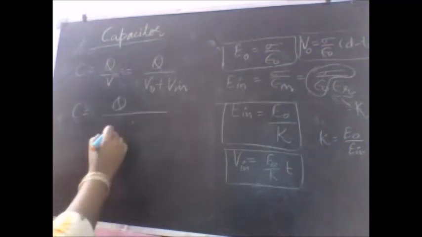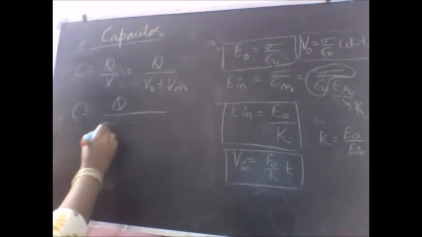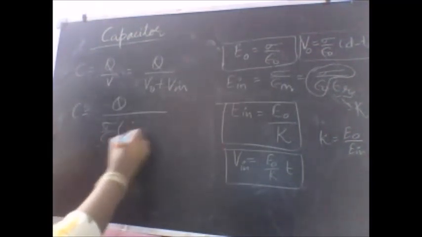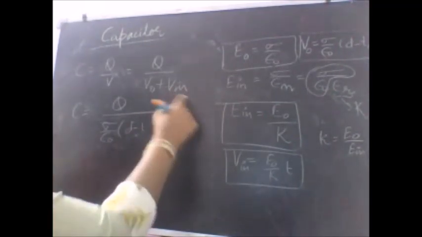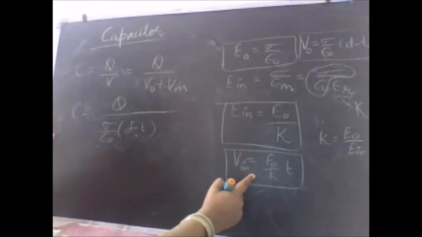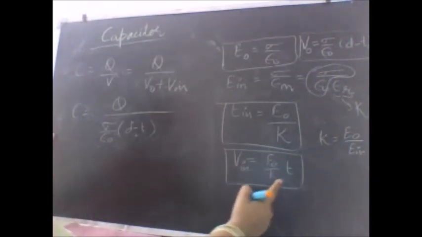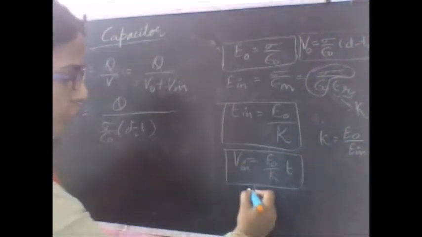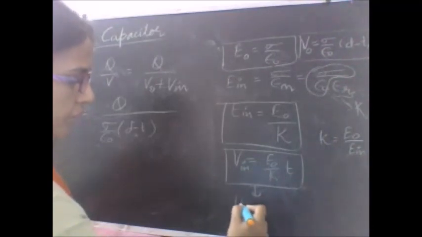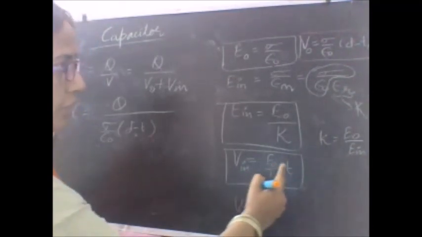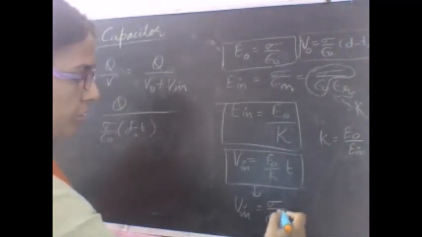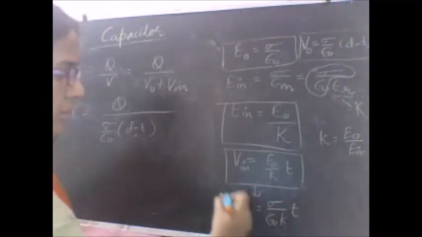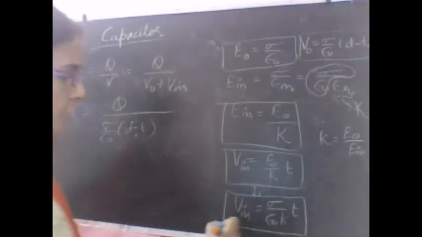Q divided by sigma by epsilon naught into d minus t, plus what is V induced? This is E naught by K into T. Of course, we can further modify it: V induced is equal to, let us put the value of E naught here, which is sigma by epsilon naught, and this is K into T. This formula we are going to use here.